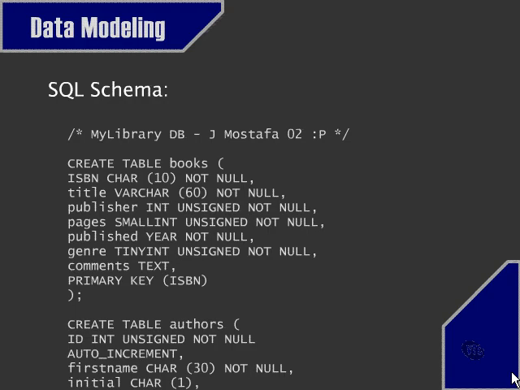This briefly sums up the process by which we get from the conceptual point of the process to the actualizing of the database. In the next movie, we're going to look at normalization.